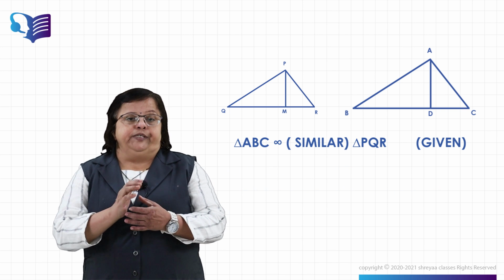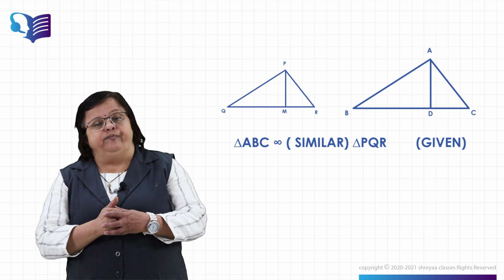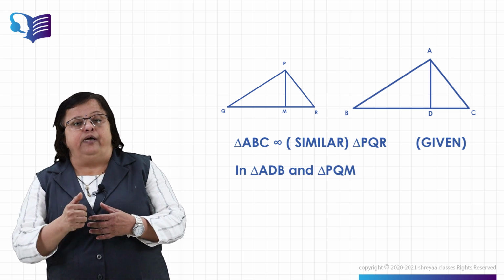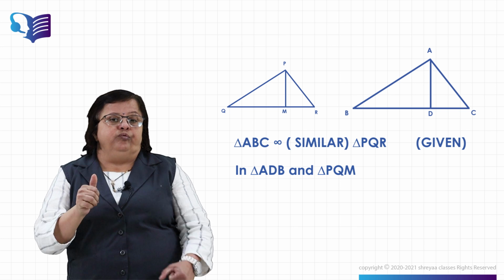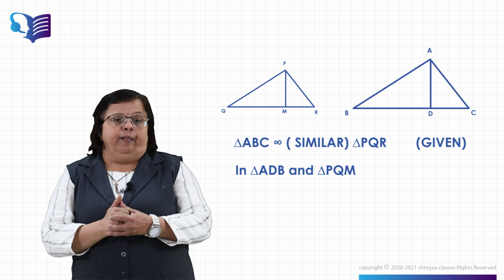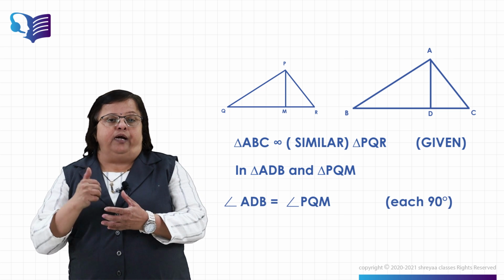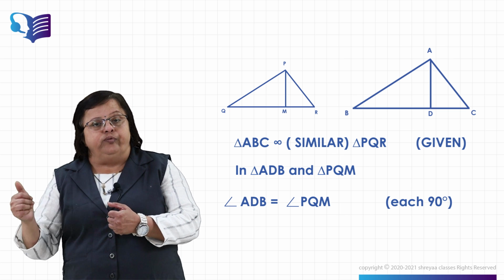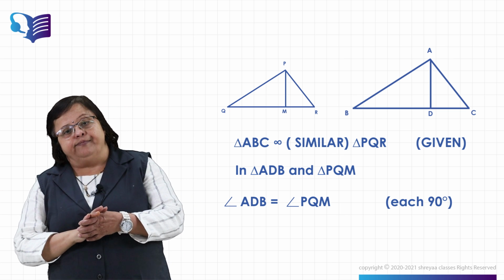Now, we will consider another two triangles in the figure, that is triangle ADB and triangle PMQ. You have to prove these two triangles to be similar. Now let us see. In triangle ADB and triangle PMQ, angle ADB is congruent to angle PMQ. Why?